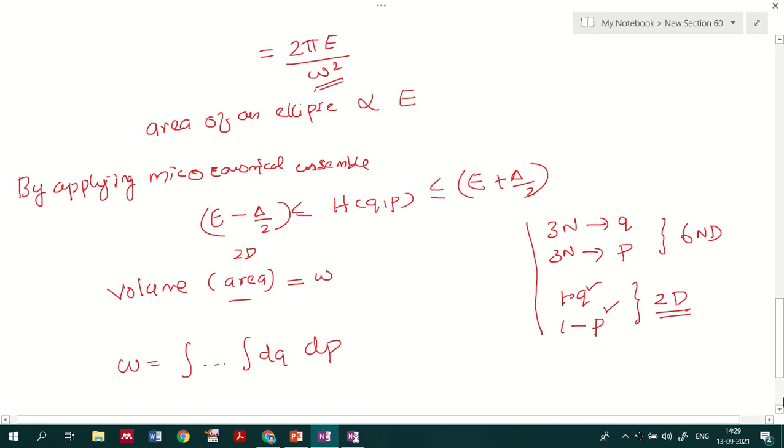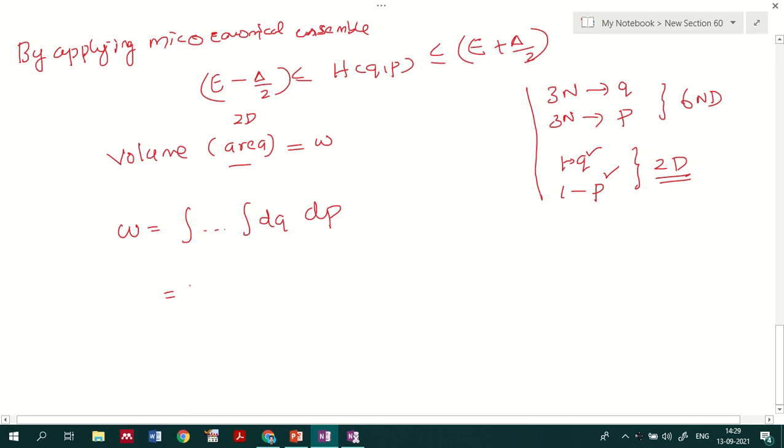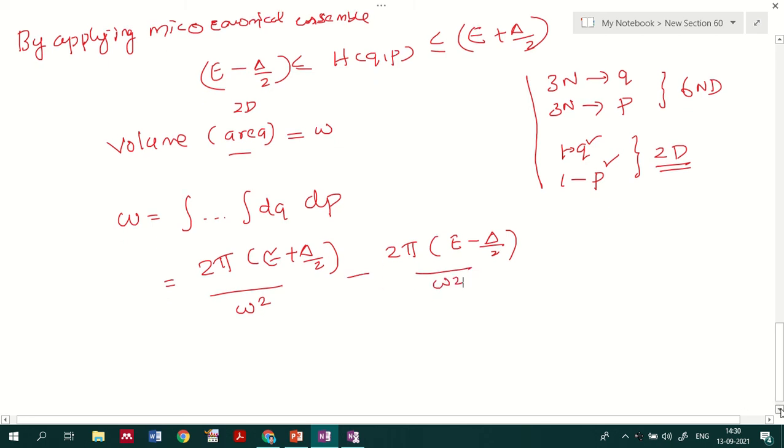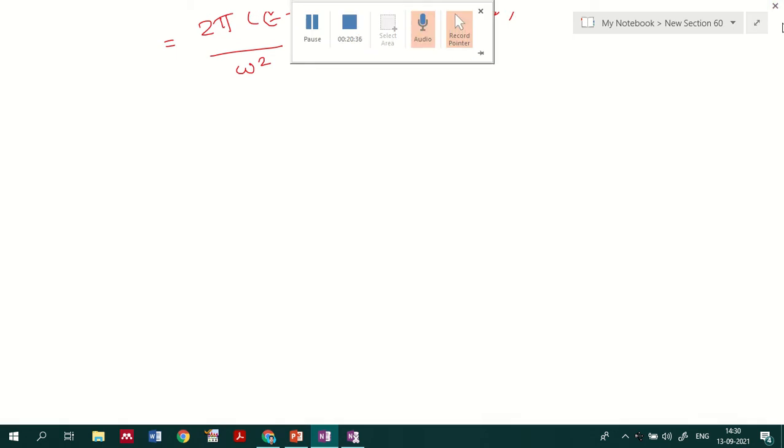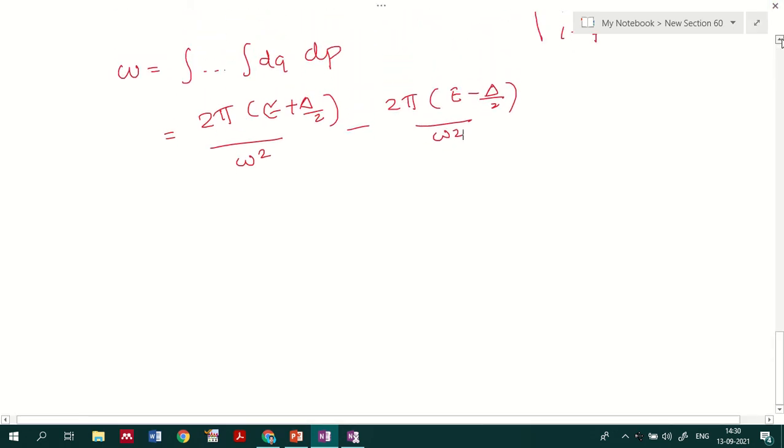So in that equation, let me just introduce 2 pi (e plus delta by 2) divided by omega square, minus 2 pi (e minus delta by 2) by omega square. So I will be getting the area of that particular energy interval by taking the difference of these two energy levels.